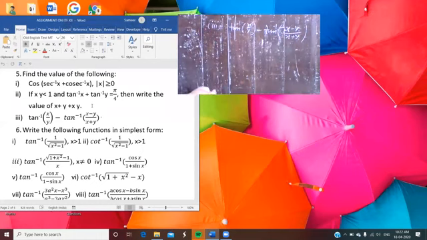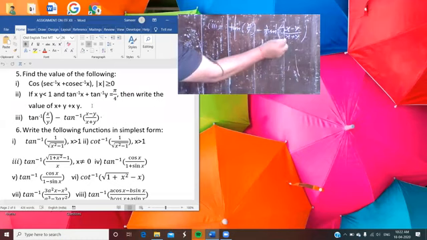Actually, you have the formula tan inverse x minus tan inverse y is equal to tan inverse of (x minus y) upon (1 plus xy). If you see that formula, in the denominator of the right side you have 1.